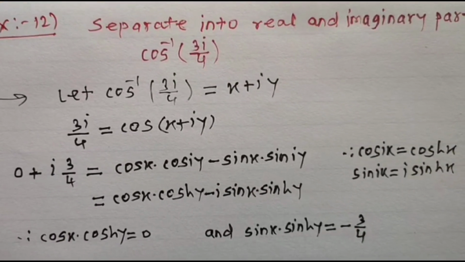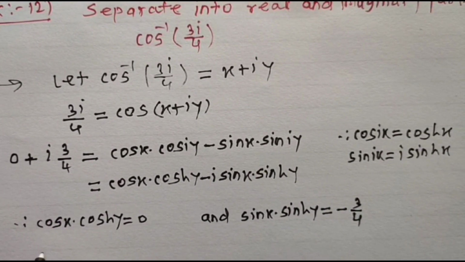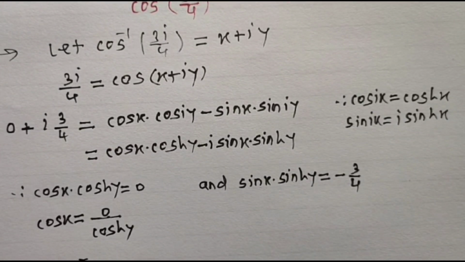Now hyperbolic cos y is never 0, so we can write cos x is equal to 0 upon hyperbolic cos y, and this is equal to 0.